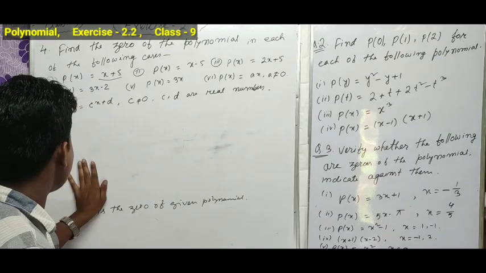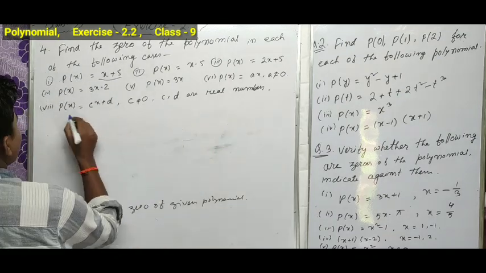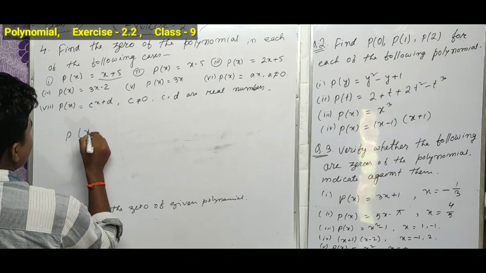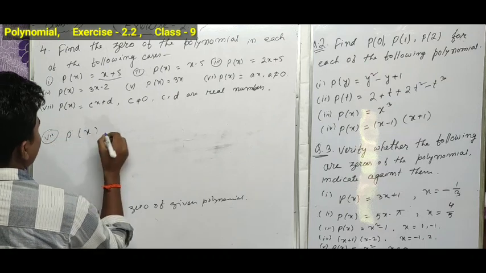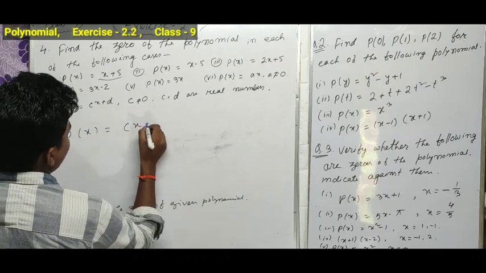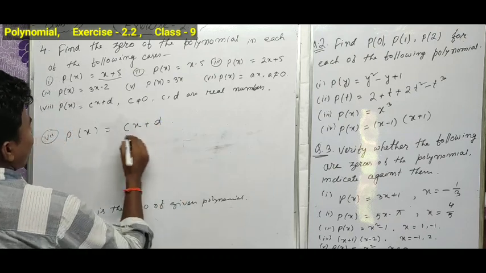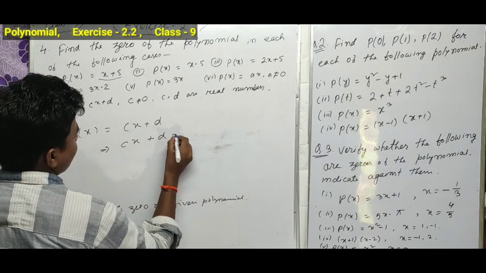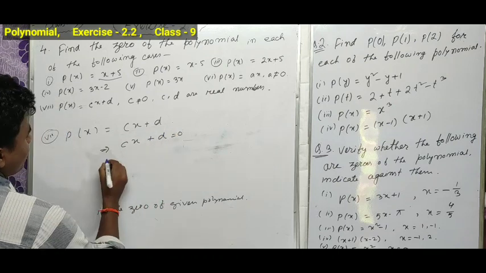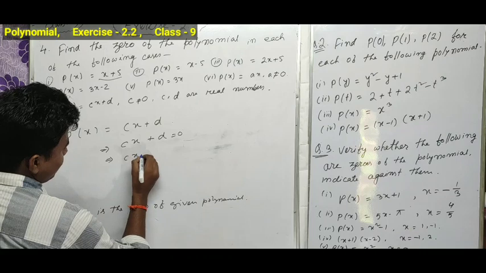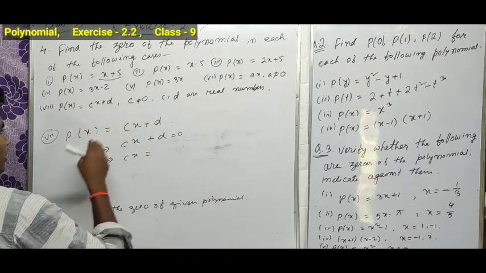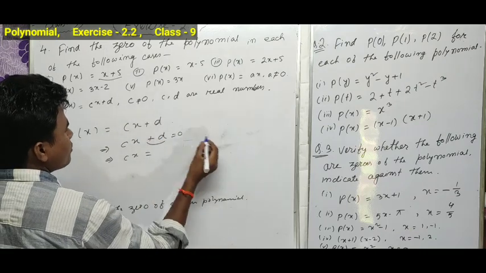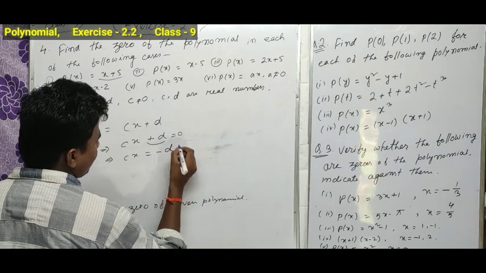Next, question number 7. What is question number 7? Px equal to cx plus d. Can we write cx plus d equal to 0? Yes. Then cx we keep on the left side and move this to the right side, so minus d will come.